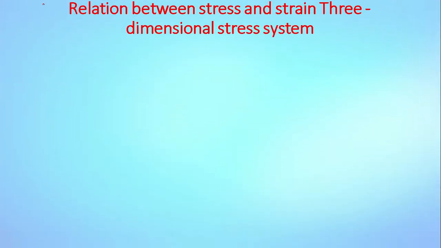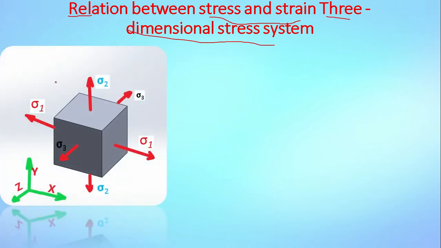In this slide, we will understand the relationship between the stress and strain in three-dimensional stress system. Suppose one solid block, 3 loads applied here, sigma 1, sigma 2 and sigma 3 are the stresses due to this load.